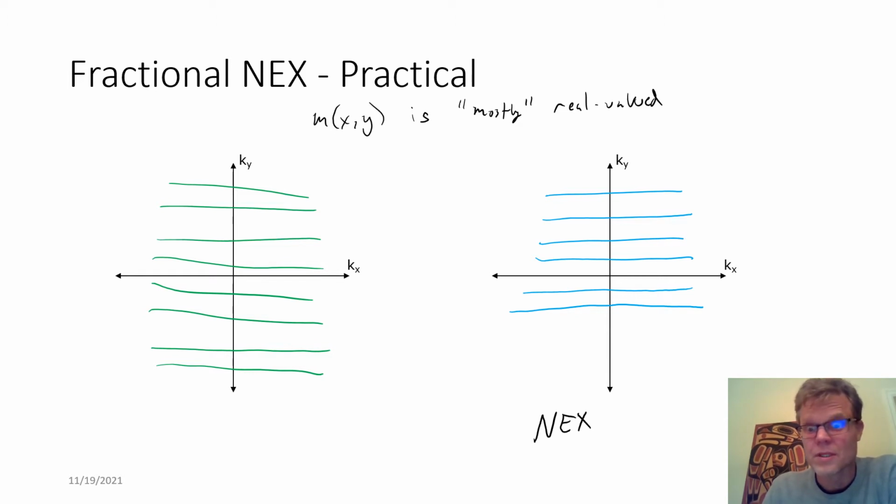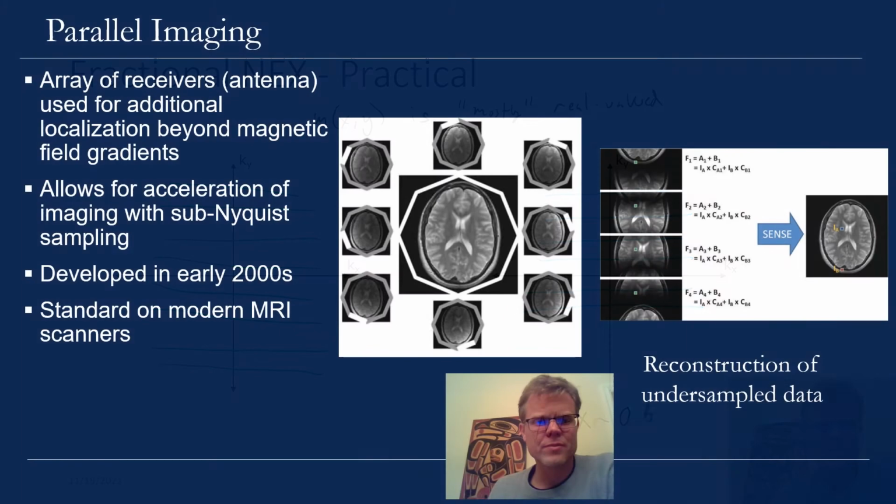Sometimes this is referred to as a NEX of how much of k-space we're covering, and it's typically something on the order of maybe 0.6. So we need to cover an extra 10% of k-space to deal with the real-world situation. Okay, but fractional NEX, partial Fourier is a great tool.